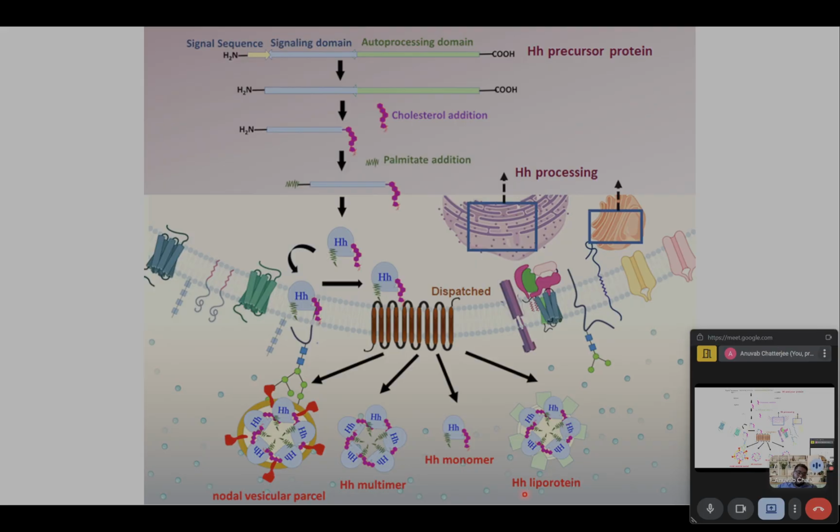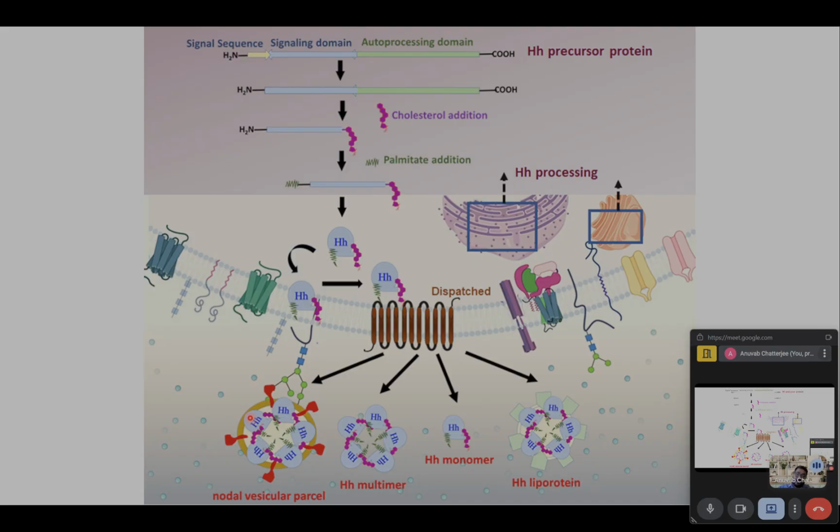This can either be as a Hedgehog lipoprotein, in which all the hydrophobic regions are inside, or a Hedgehog multimer, in which again the hydrophobic region is towards the inside, protected from the extracellular hydrophilic environment, or as a vesicular parcel, which takes a part of the membrane with it and covers it so that it is again protected.